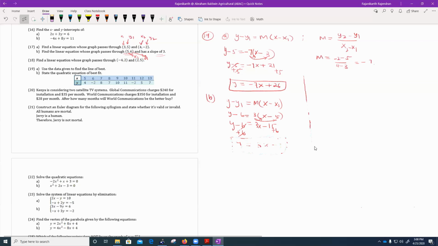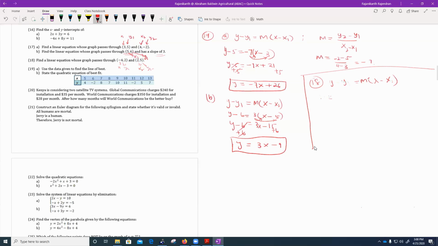For 18, let me do 18 somewhere here. Find a linear equation whose graph passes through these points. Again the same problem as part A here, so label x1, y1, x2, y2. First write down the formula we are going to use.